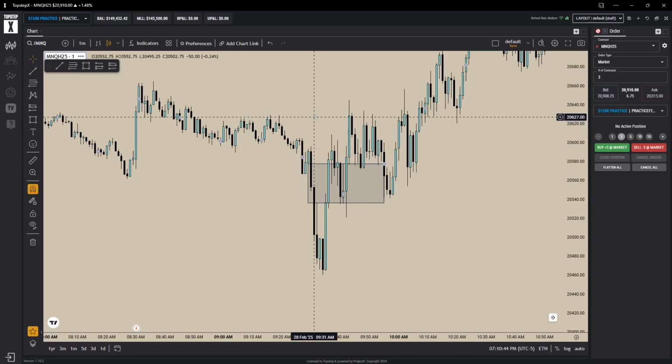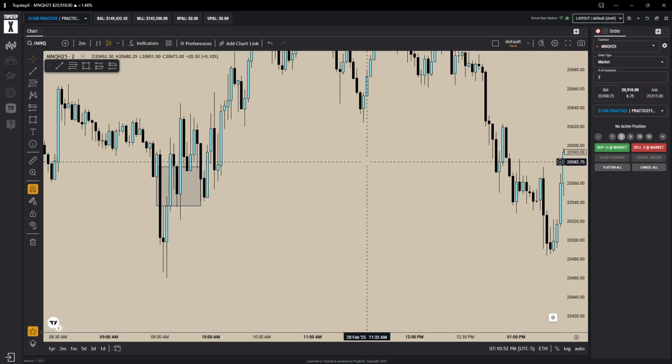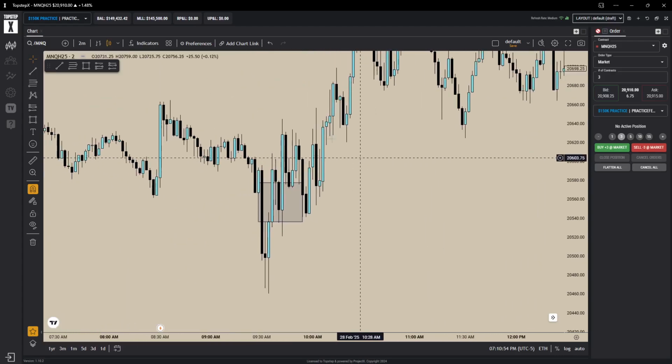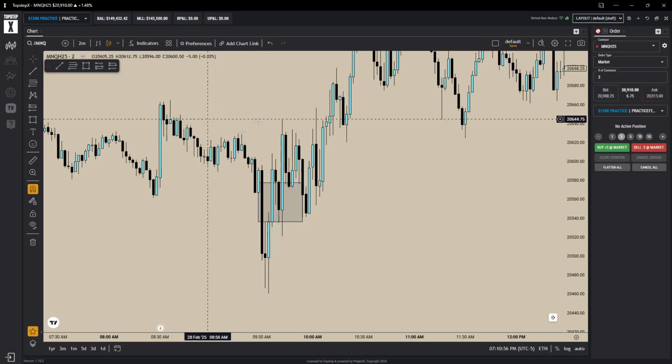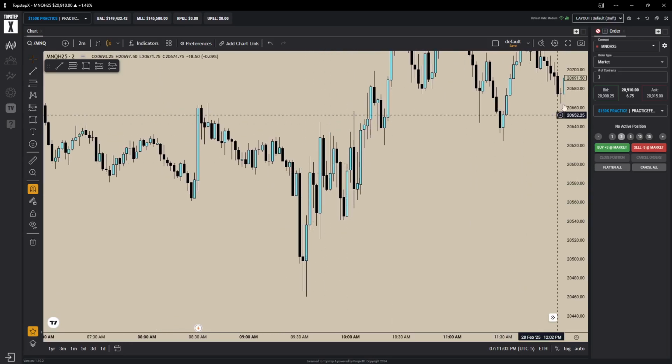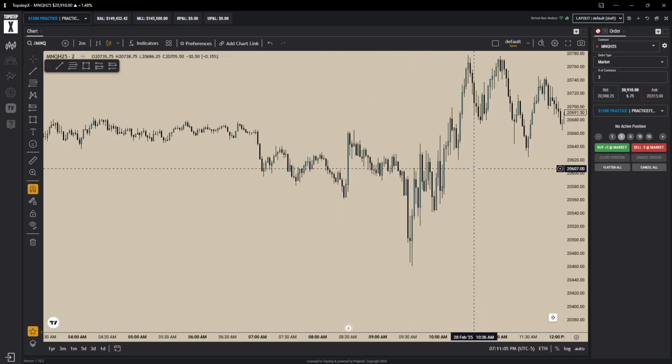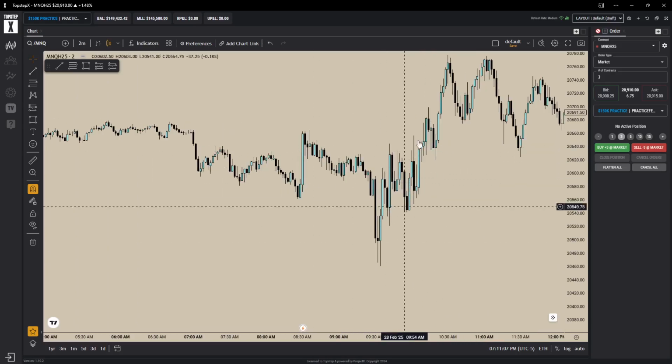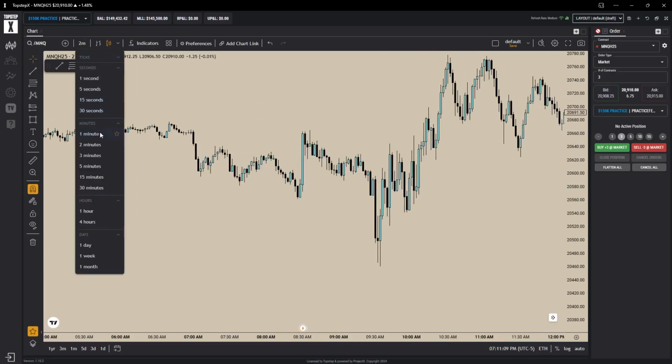Technically speaking, I probably would have gone break even here, knowing how I go about it. And that's a pretty good draw. Once it swept that, I don't know what I would think. So that's probably a break even trade, but not a bad trade by any means. Break even isn't a loss, right? And actually, you could probably find a trade off that.